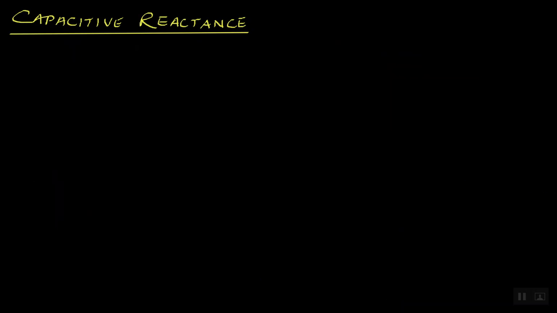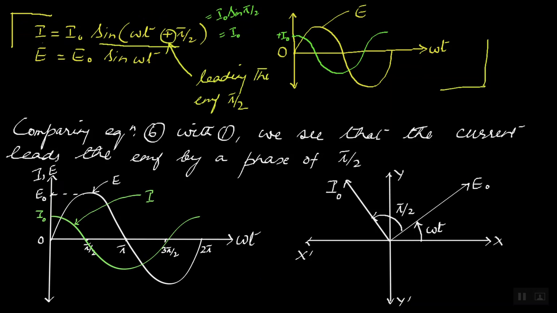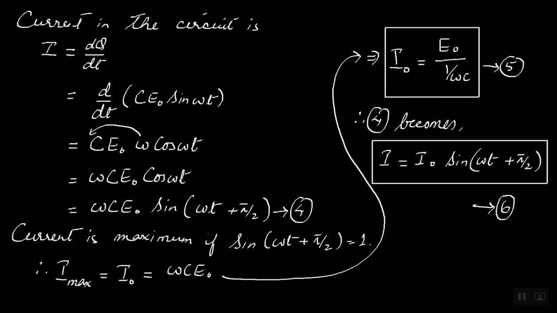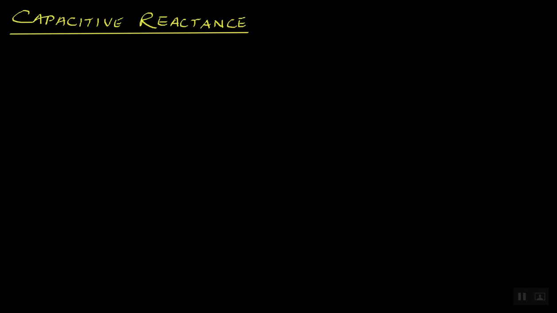Alright, so if you look at this equation, where is that equation? Let me check. Equation 5. Okay. Now from this equation 5, how is it written? You have I naught is equal to E naught by 1 by omega c.